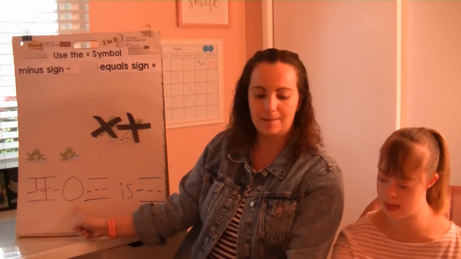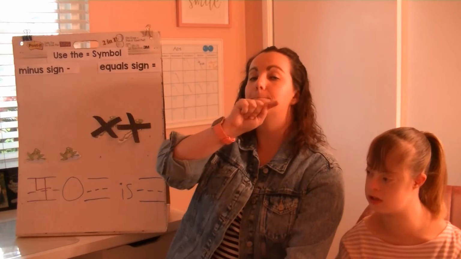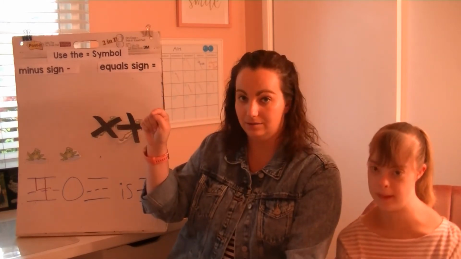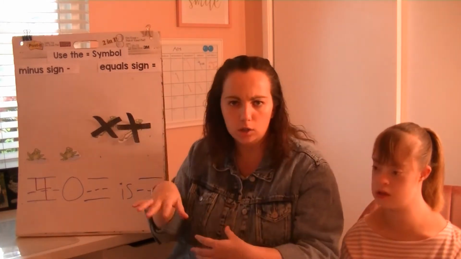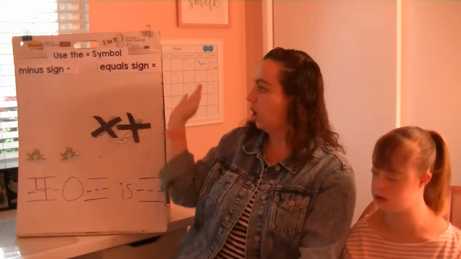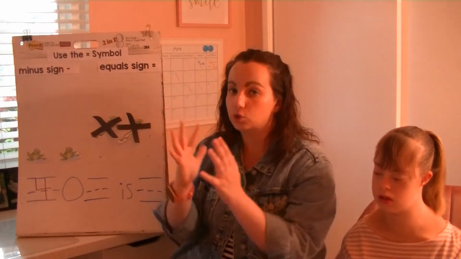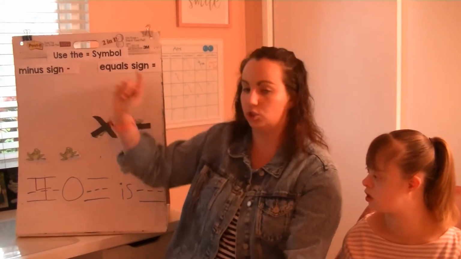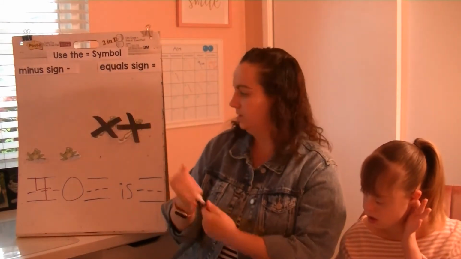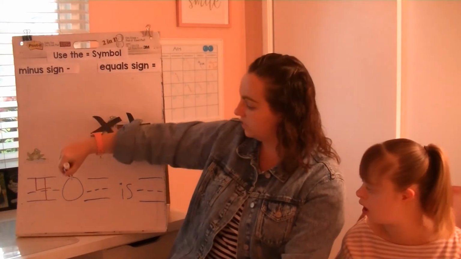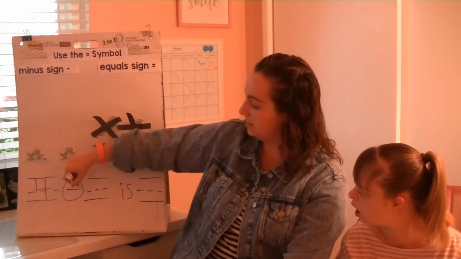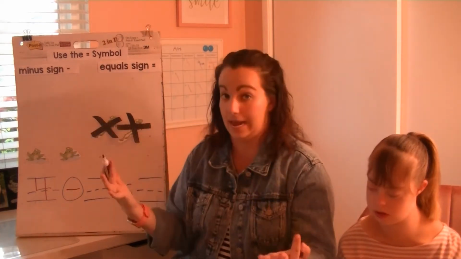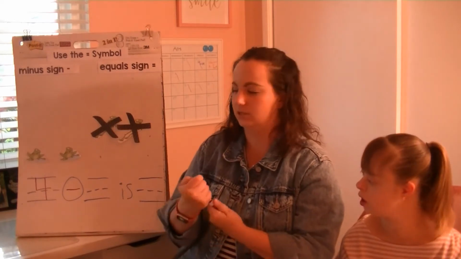The minus sign, because we're not adding more frogs. Frogs are leaving. Our number of frogs is getting smaller or less. So we need to write the minus sign to show subtraction is happening. Just like we learned in our last lesson video, we write minus, or I also like to call it take away. You'll see that in our video today.